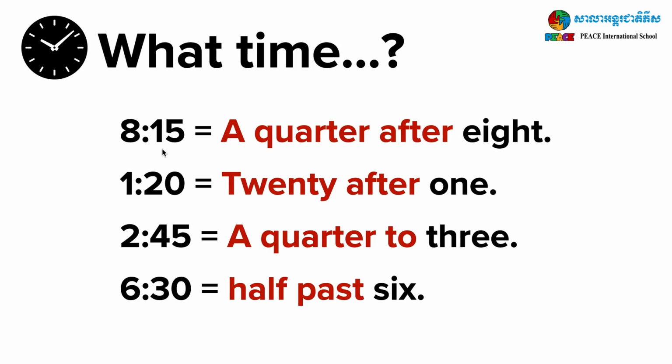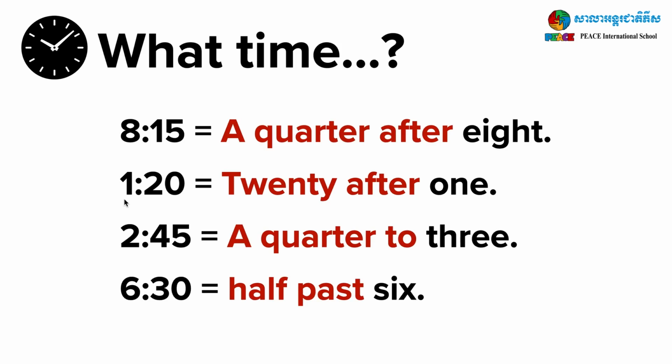We can say it is 8:15, or we can also say a quarter after 8. In English, a quarter is 15 minutes. Every 15 minutes is a quarter of an hour. So, we can say a quarter after 8, or 8:15.